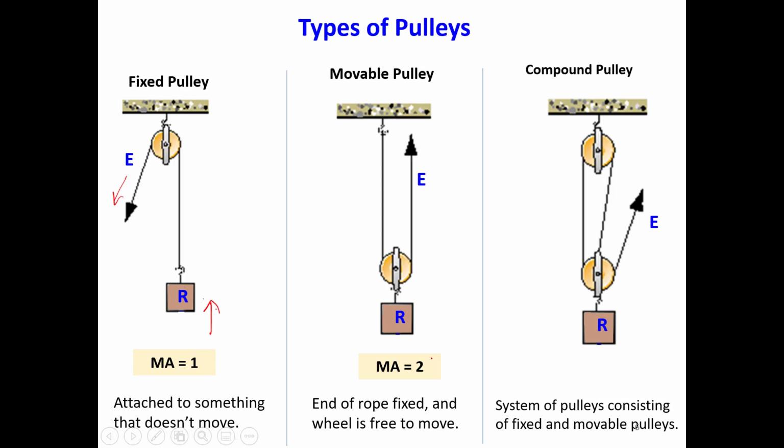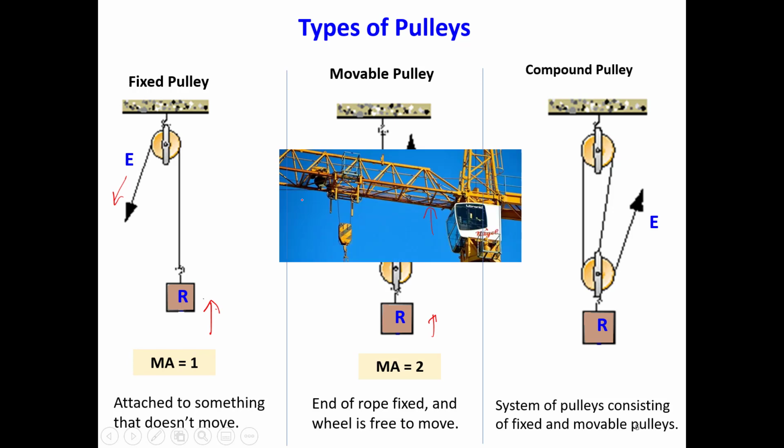However, we can see in this particular example, there is no change in the direction of the force. And one of the examples is the cranes, the big machines used for construction. Here they apply this kind of pulley.